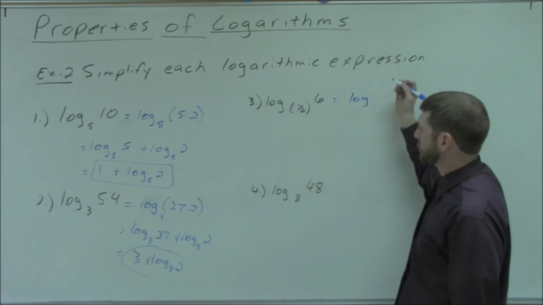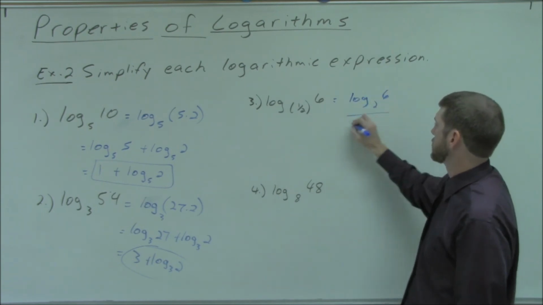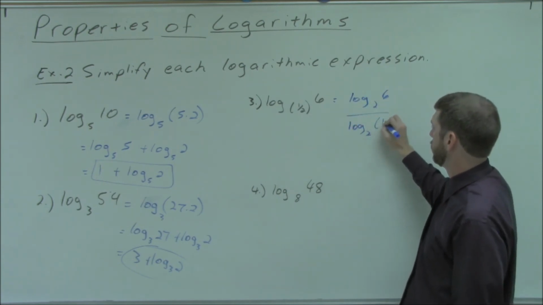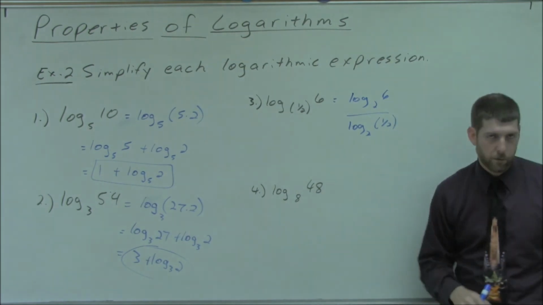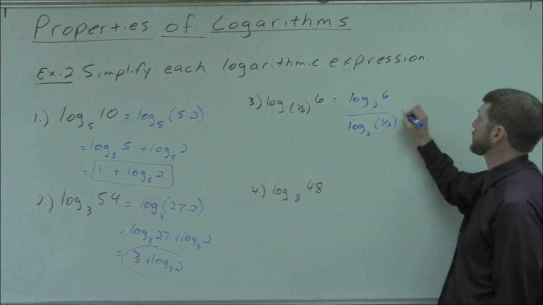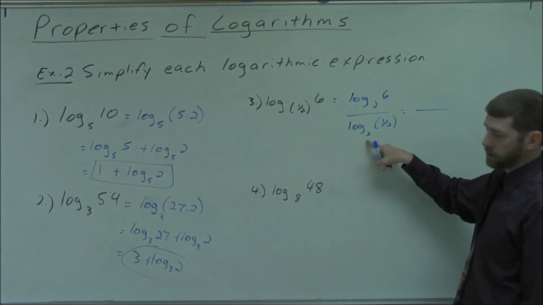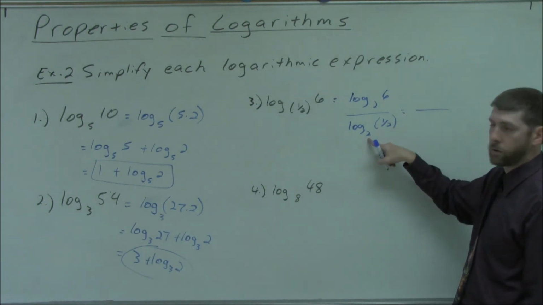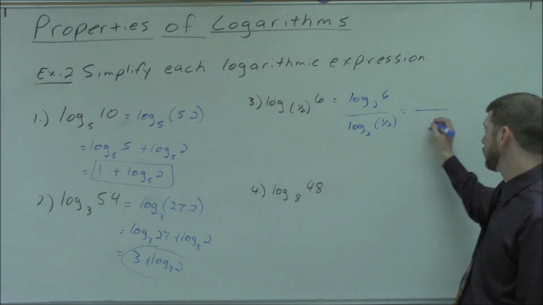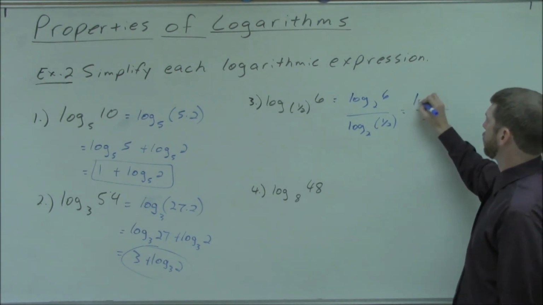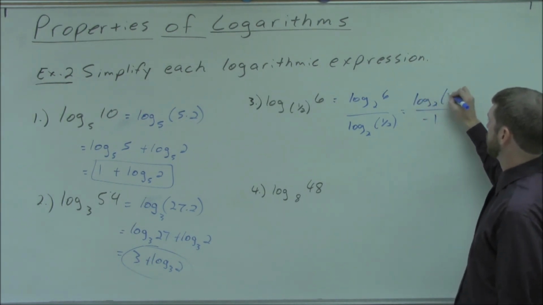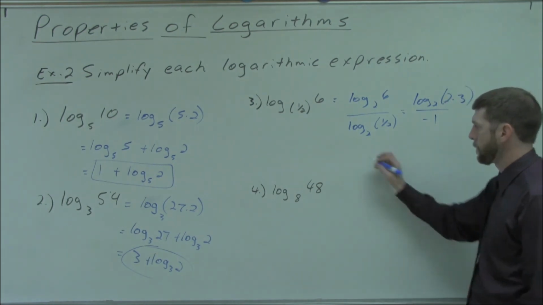So I can look at it as log base 2 of 6 over log base 2 of 1/2. If you're really not comfortable with that 1/2 base, we can change it to something neater and cleaner. So the denominator is just going to be -1, right? 2 to what power is the reciprocal of 2? -1. Numerator is log base 2 of 2 times 3.